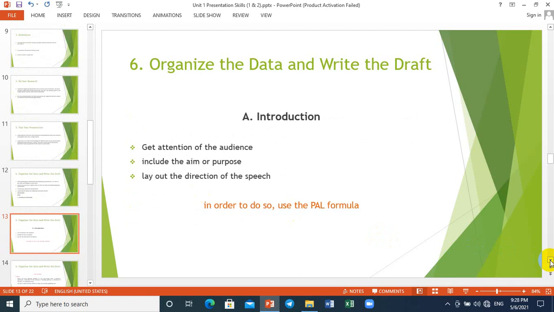We need to include the point that can get the attention of the audience. Include the aim and purpose, layout, and the direction of the speech. In order to do so, we use the PAL formula.